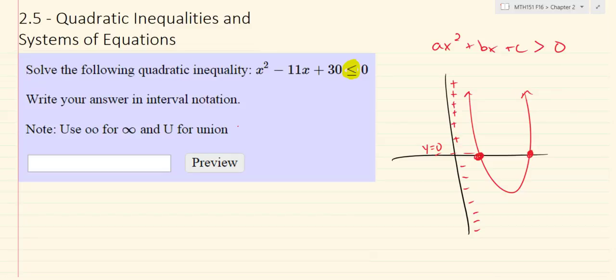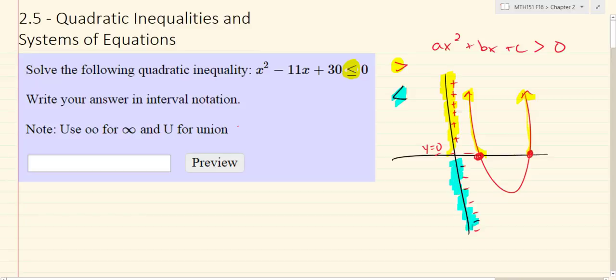This is where the function has positive y-coordinates. So for the inequality greater than, you are looking at positive y-coordinates, which will be this segment of the graph. If you have the inequality less than, then you're looking at this segment of the graph where it has negative y-coordinates, which would be here.